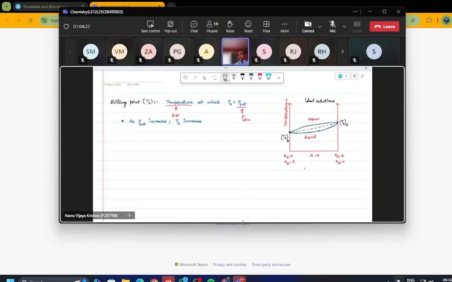Now observe very carefully. I have taken two liquids. One liquid has one boiling point, another liquid has another boiling point, right? So I have taken two liquids.